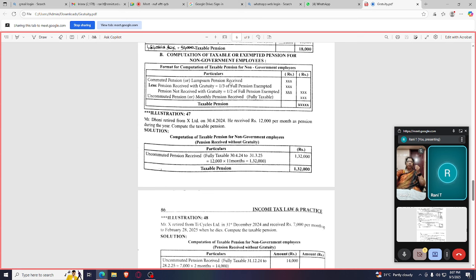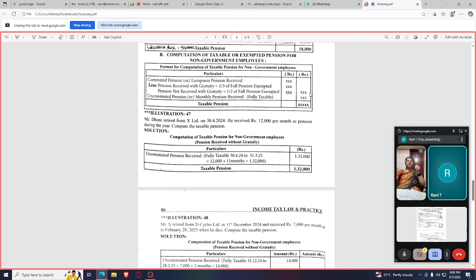From the commuted, that is lump sum pension, you have to less pension received with gratuity. If you have received any pension with gratuity, then you have to less 1/3 of the full pension exempted. Then if pension is not received with gratuity, then 1/2 of full pension exempted.